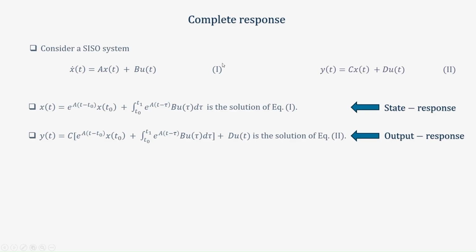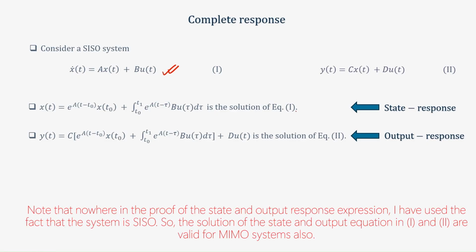And now, once you have the solution of the state equation, the state response, finding out the output is very easy, because it is Cx plus Du. So, C multiplied by the x expression, the state expression that you have got, plus D into u, and this is called the output response of the system. So, the complete response of the system is given by this.